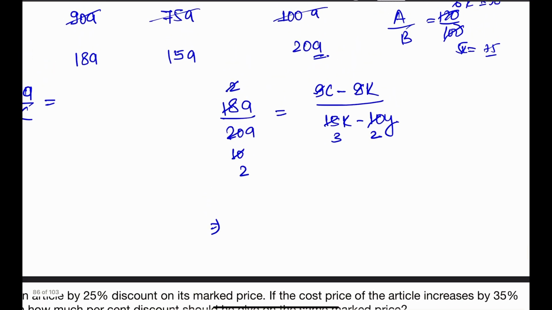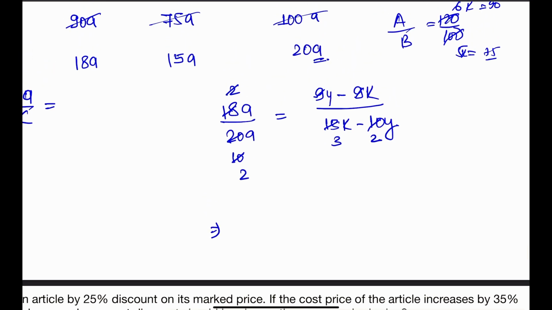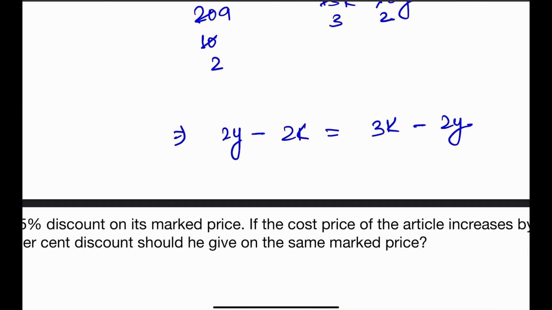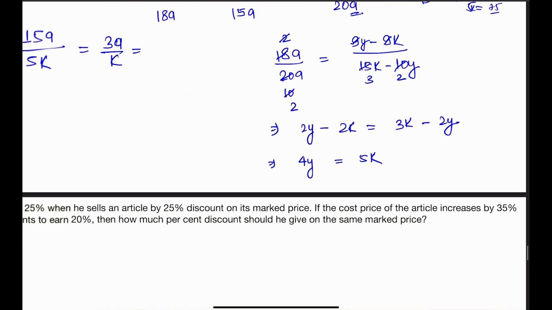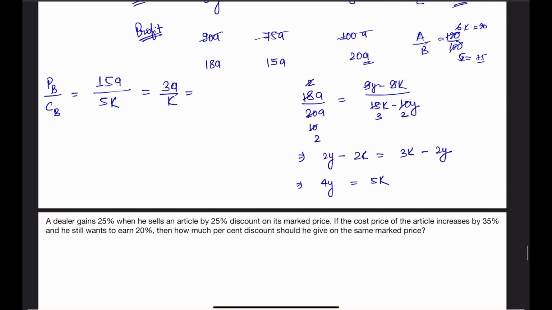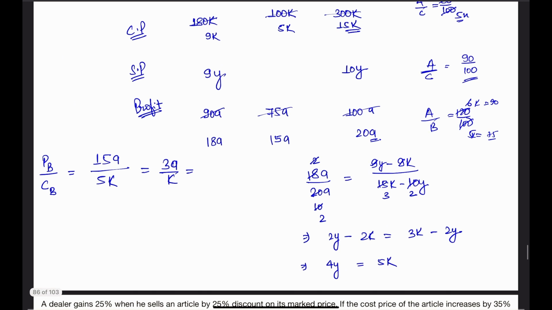So here it will be 2y minus 2k equal to 3k minus 2y. So eventually this will be becoming 4y equal to 5k, and I need a upon k, right?